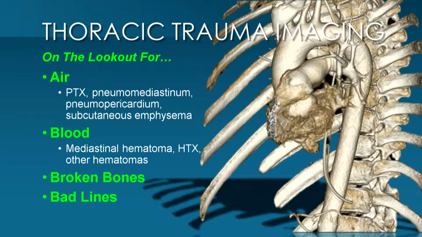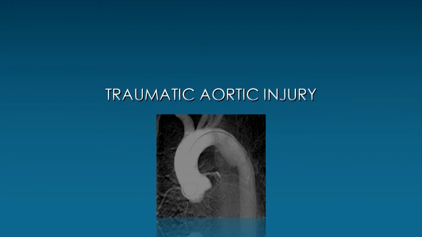When we're looking for blood in the wrong place, we're going to be most sensitive about looking for mediastinal hematomas, blood in the pleural space, that's a hemothorax, other soft tissue hematomas that might suggest other injuries going on. We look for broken bones, particularly rib fractures, spine fractures, scapulothoracic injuries. And then bad lines. So tubes and lines obviously are things that as physicians can be done to make the patient get better or make the patient get worse.